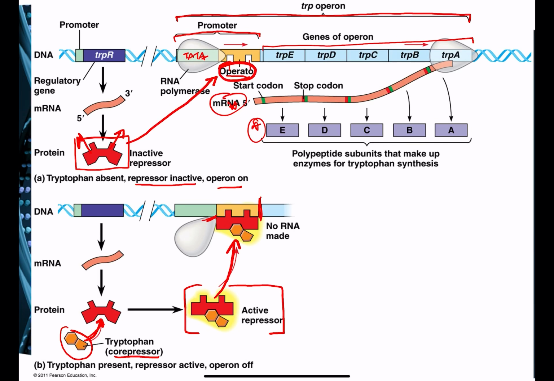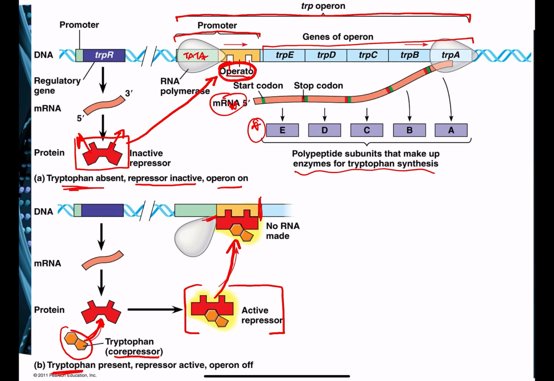And so the operon is turned off, no transcription happens, and so we're not going to make these proteins for tryptophan synthesis, okay? If tryptophan is present in the cell, we don't need to make those. If tryptophan is absent in the cell, then we need to make that, all right? And so that is an example of a repressible operon, okay?